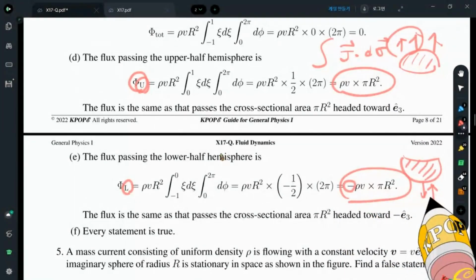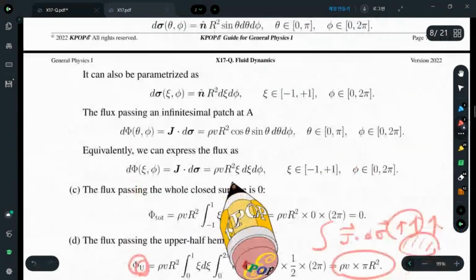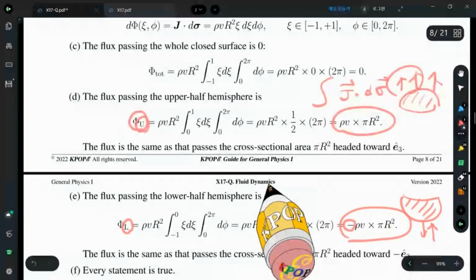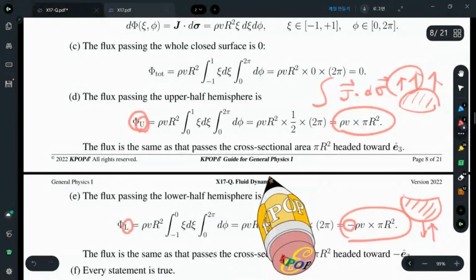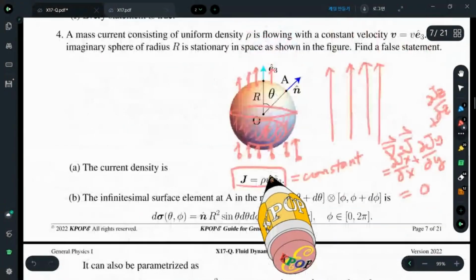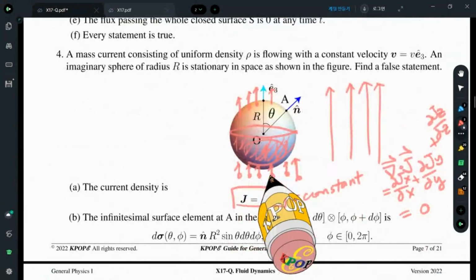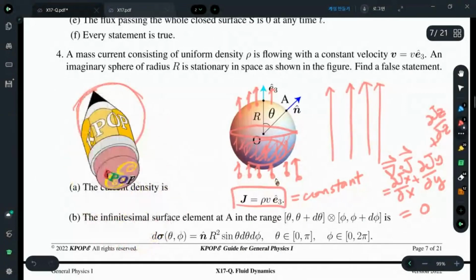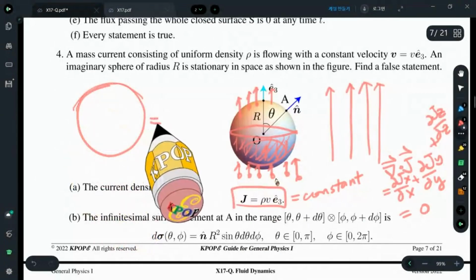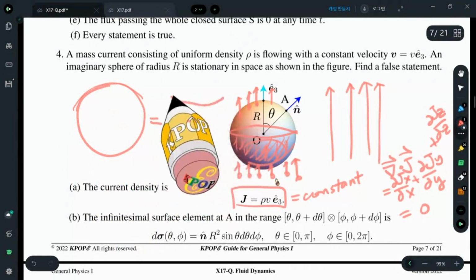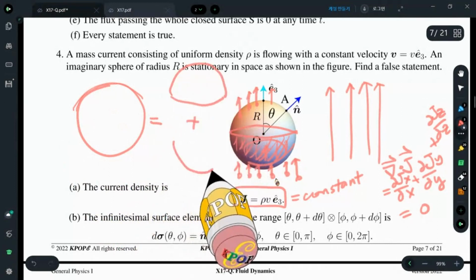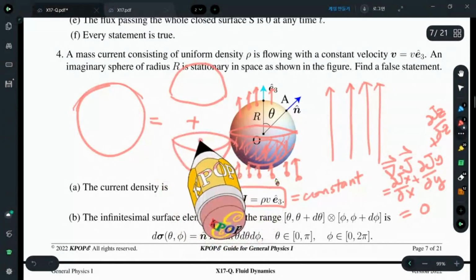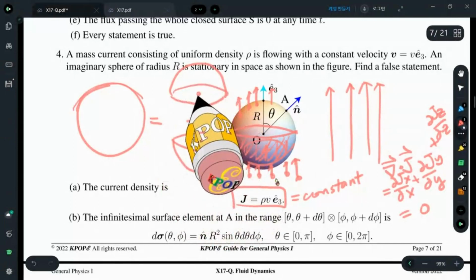In addition, even though I have carried out a complicated calculation, in fact, we don't have to compute this if I know the divergence theorem, because this sphere is a sum of upper hemisphere and lower hemisphere. And this side is empty.